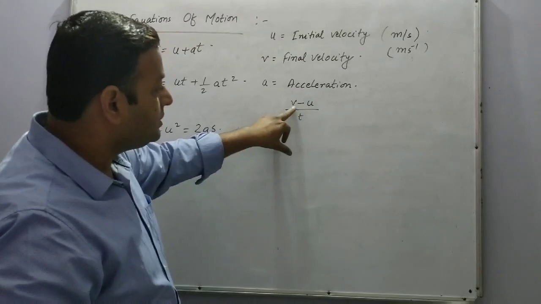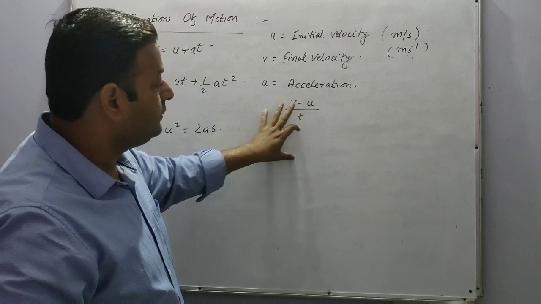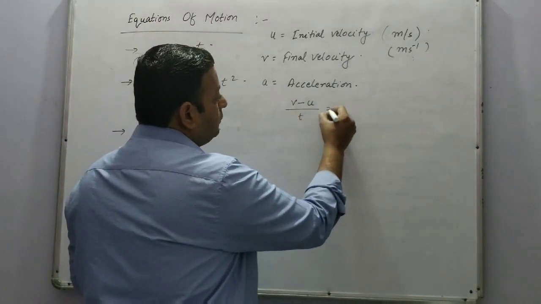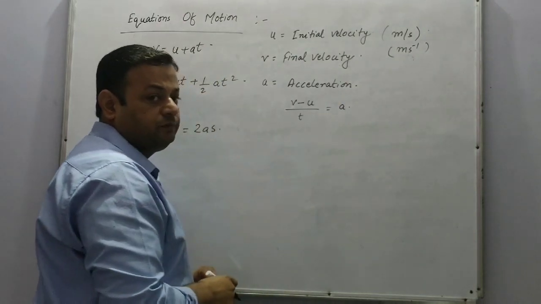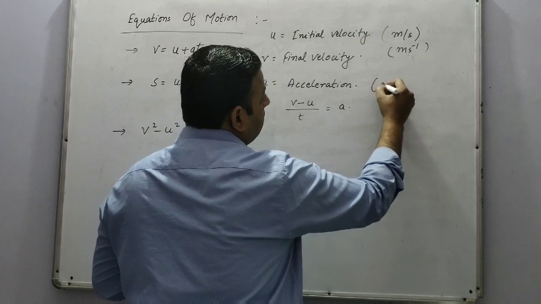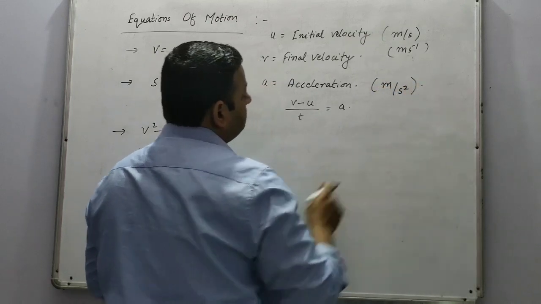What is the change in the velocity? Final velocity minus the initial velocity with respect to time is called acceleration. And the SI unit of acceleration is meter per second square.